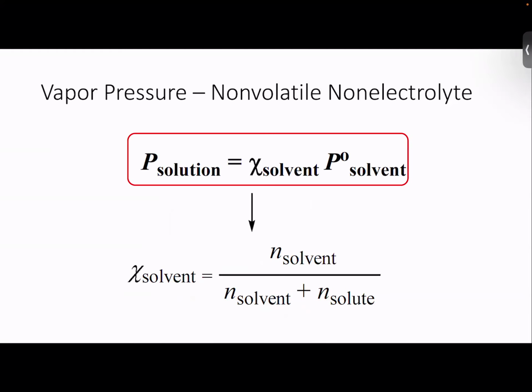How do we go about calculating the vapor pressure of a solution? The vapor pressure of a solution is equal to the mole fraction of the solvent times the pressure of the solvent. As a reminder, the chi of the solvent is equal to the moles of solvent divided by moles of solvent plus moles of solute.